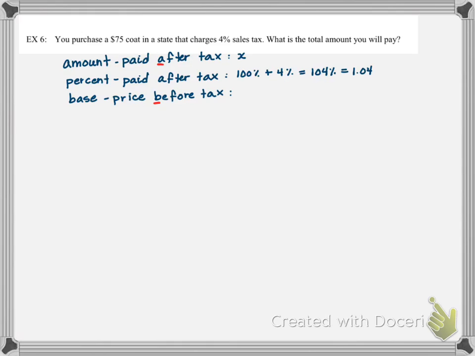And then the price before the tax is $75. So we have amount equals percent times base, and we get x equals 78. So the price after tax is $78.